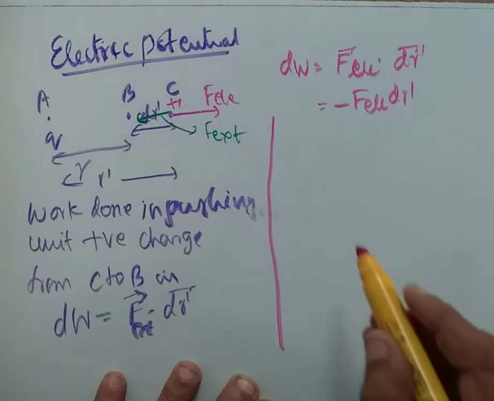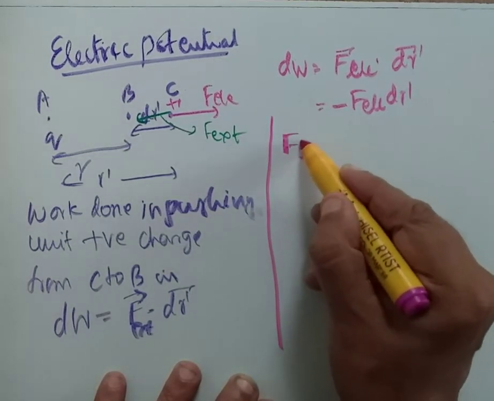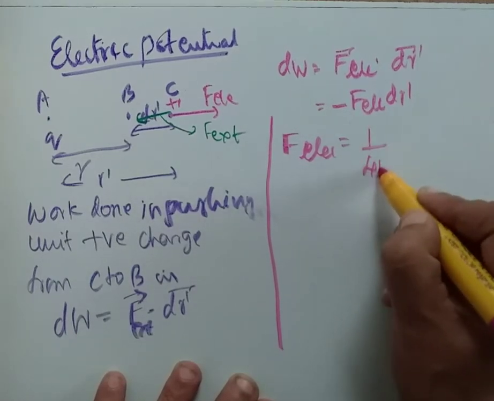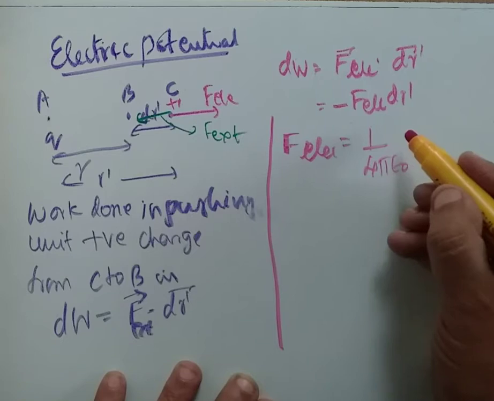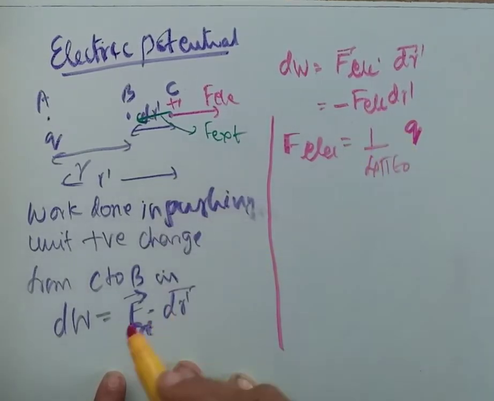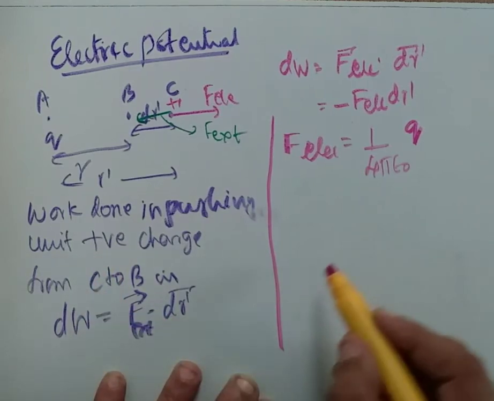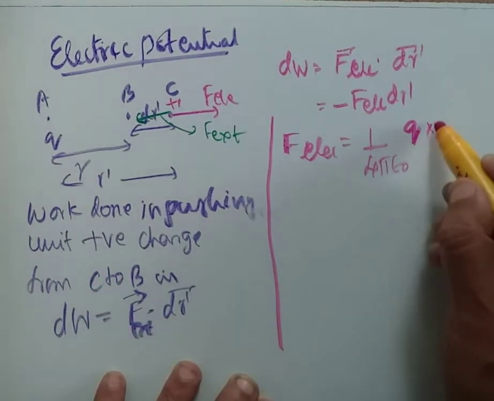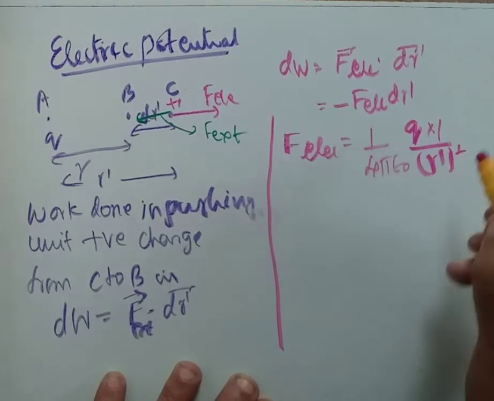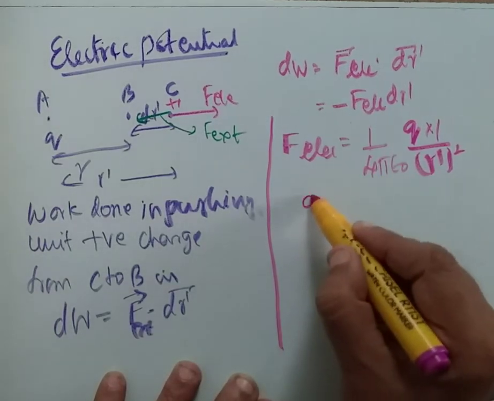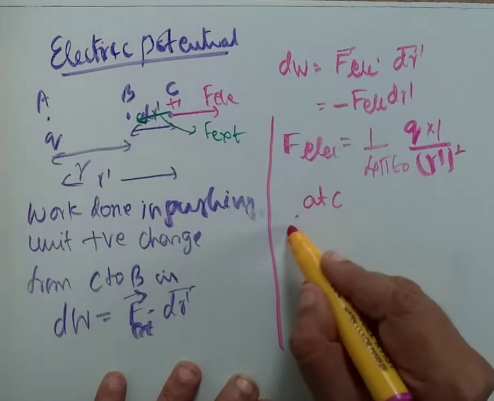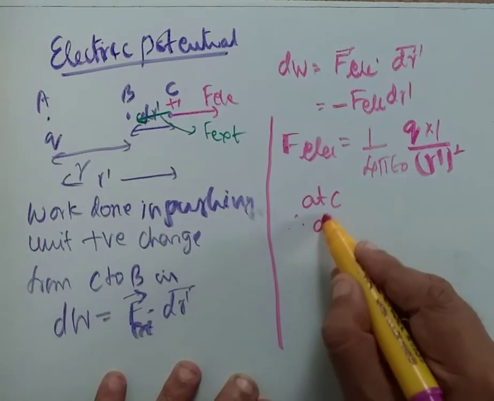With this, we write the F electric expression. What is the F electric expression according to Coulomb's law? 1 by 4 pi epsilon naught Q into, what is the force, F electric or F external, on a unit positive charge, so 1 divided by distance r' squared I write, because it is at r', it is at C. Force on a unit positive charge at C. Therefore, we substitute that into dW.